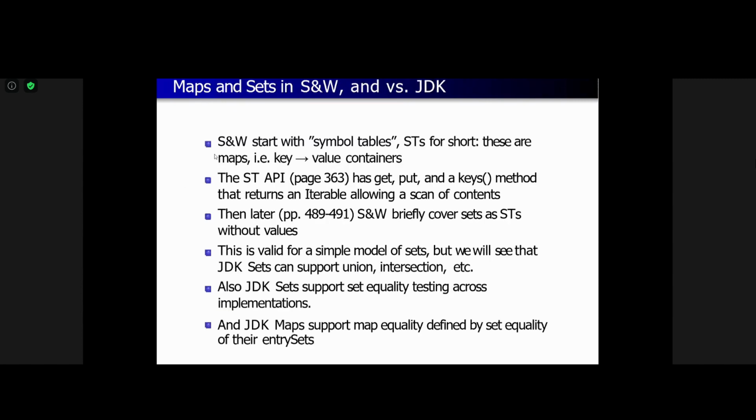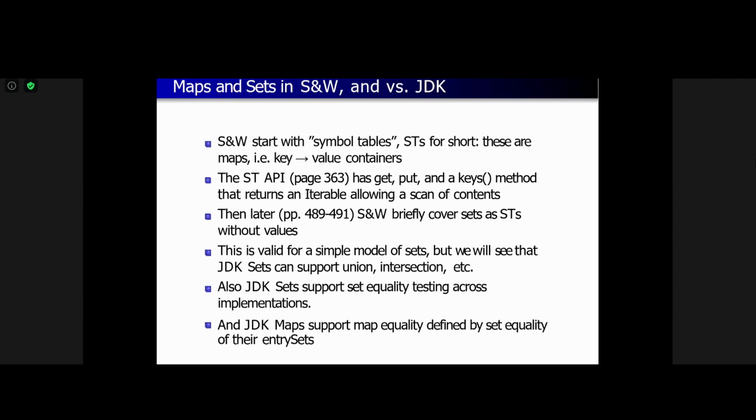Okay, so if we look at what happens in the book, that presumably you've been studying last term, you can see that they start with the symbol tables, which are terrifically important. I'm not saying that this is a bad approach. These are the maps that can do the powerful lookup capabilities. And you can look at the ST API. You see it has get and put, the keys method.